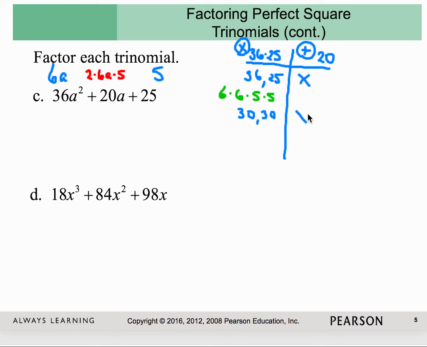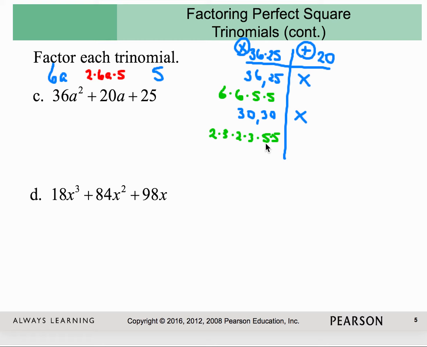But 30 plus 30 is not 20. That's about my only choices, so let's break it down some more. Let's change this 6 to 2 times 3 times 2 times 3 times 5 times 5.